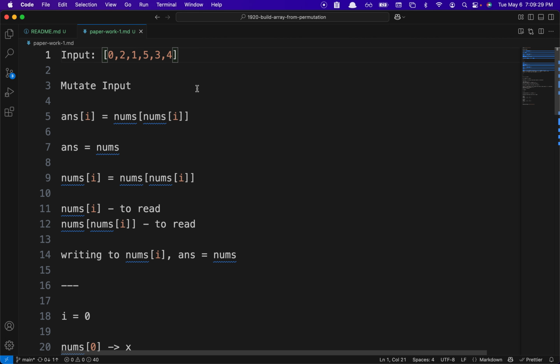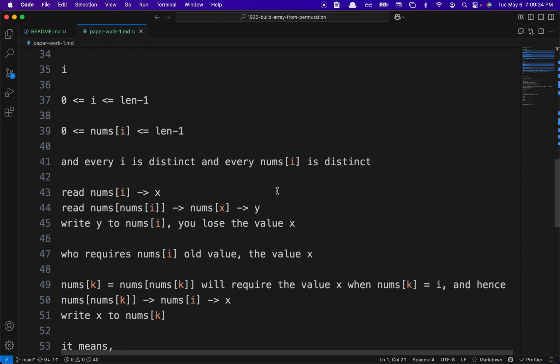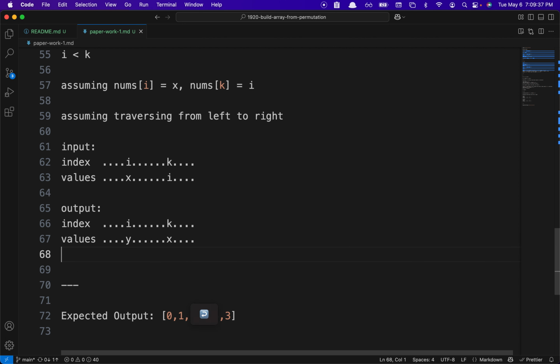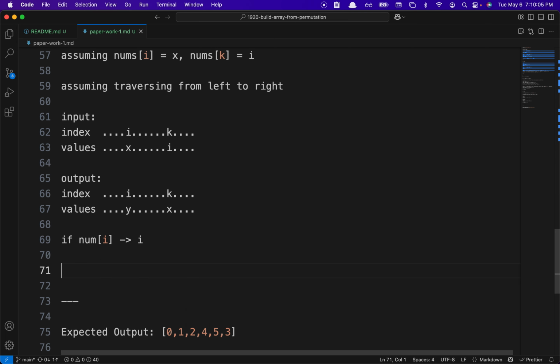For example, if nums of i equals i, in this case the 0th value is 0, then we say that x is i.